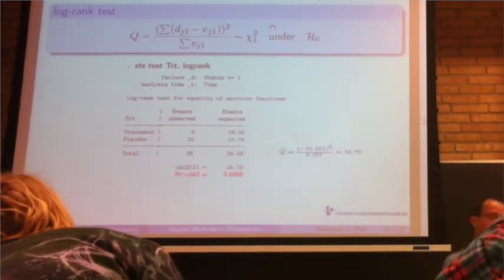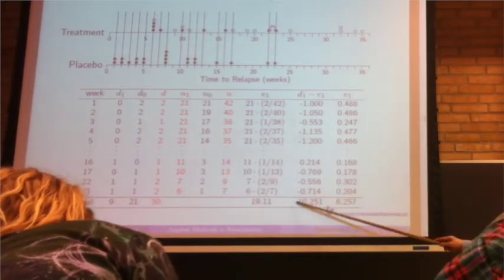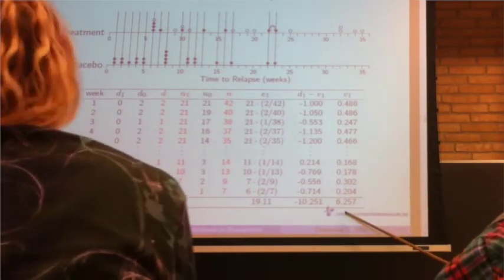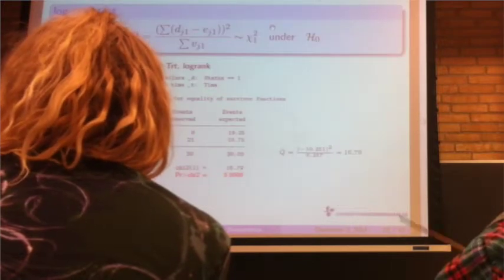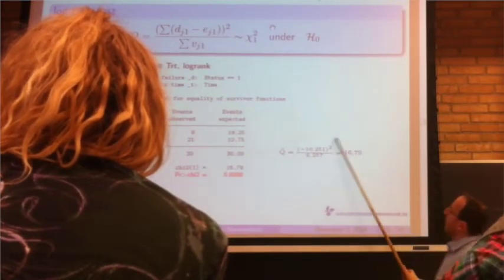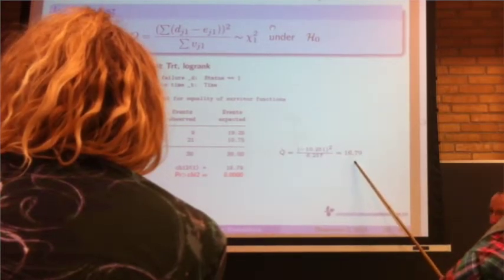If you do the calculation by hand, you get the difference of 10.225, and for the variance you get a value of 6.257. And if you take this formula, you would get the same value of the test statistic of 16.79.